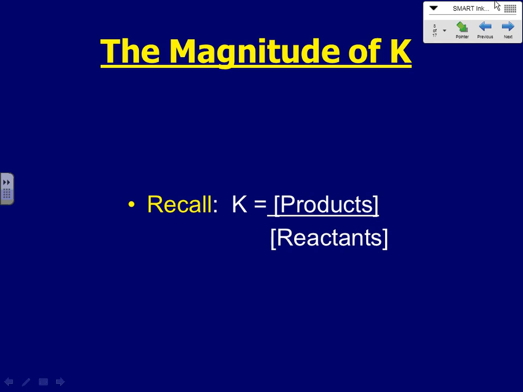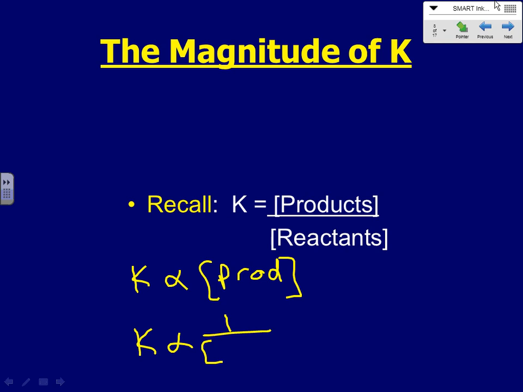We can come up with some very easy relationships here. You'll notice that K and the products are on the top. In other words, I can turn this equality into a proportionality statement. I can say that K is directly proportional to the concentration of the products. I could also say that K is inversely proportional to the concentration of the reactants.